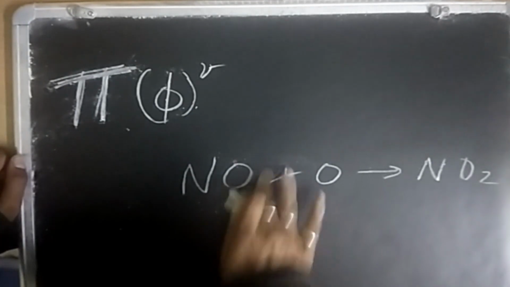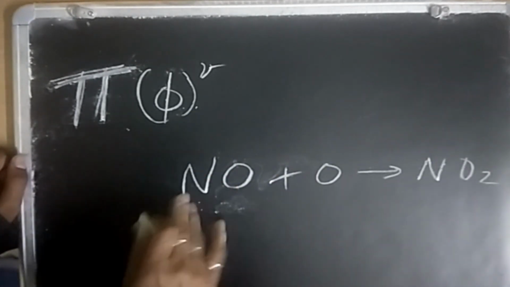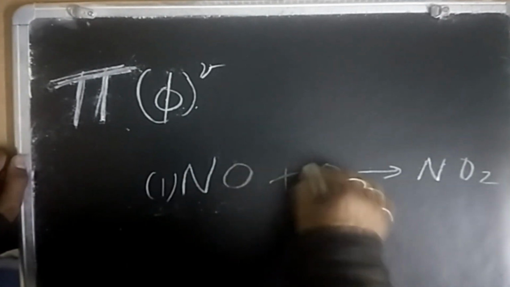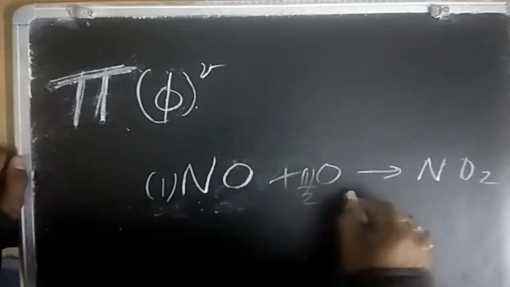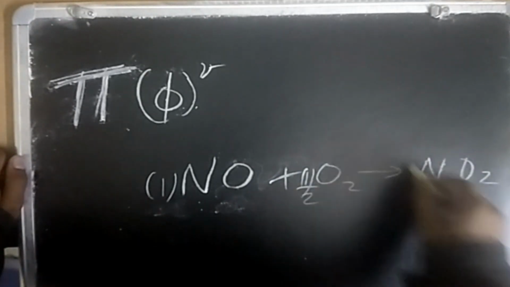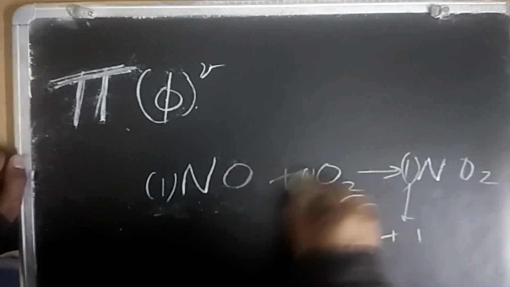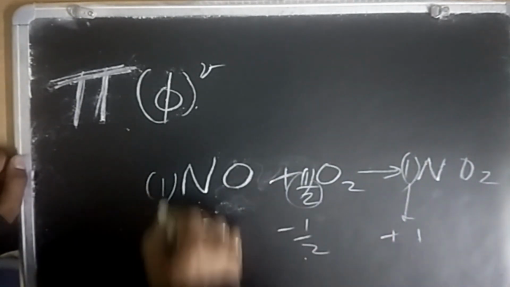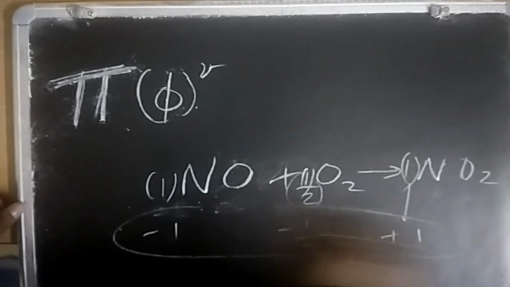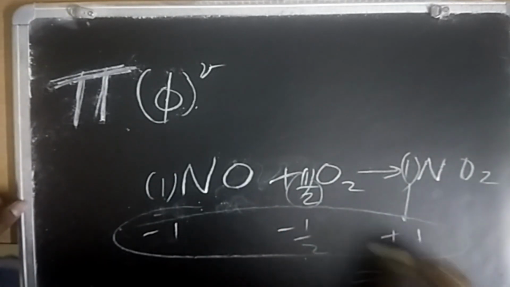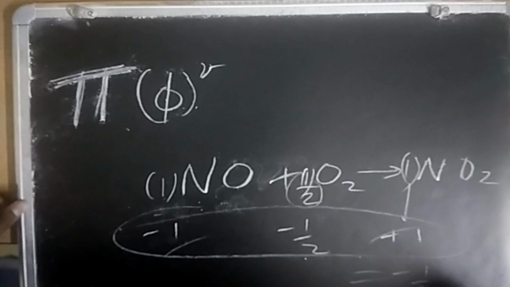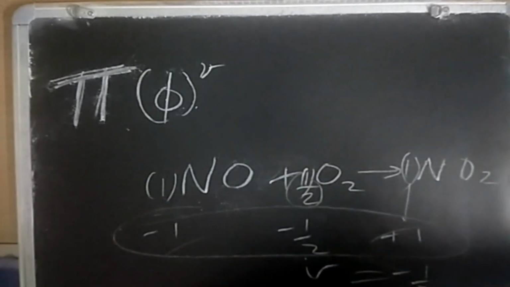Then mu here means this is minus 1 because the coefficient of NO is 1, this is half O2, and on the product side NO2 will be plus 1. The coefficient here will be minus half, and here the coefficient will be minus 1. So the total sum of all this, the 1s go away, and this is minus half. So mu is minus half.